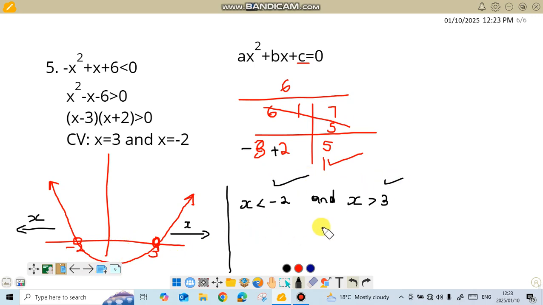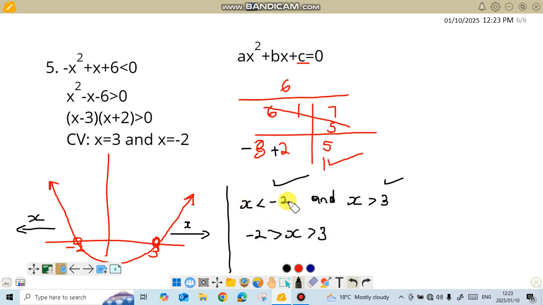Or you can write it as a combined restriction, saying x is less than negative 2 or x is greater than 3, right?